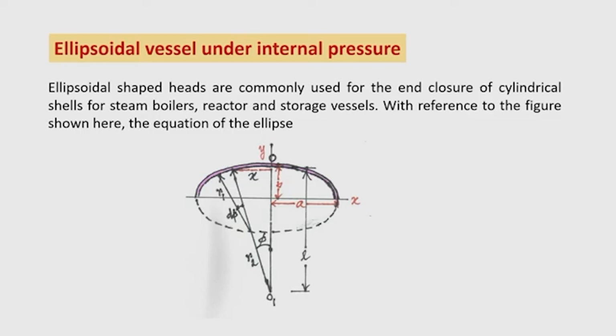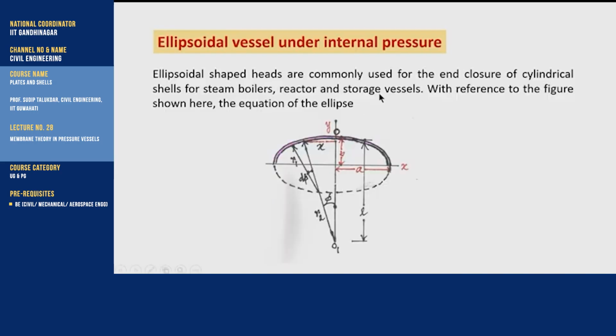So, the analysis of the ellipsoidal vessel is slightly complicated because of the difficulty in finding the expressions for the principal radii of curvature. You have to do a lengthy differentiation to find these principal radii of curvature. Now, let us see how it can be done.